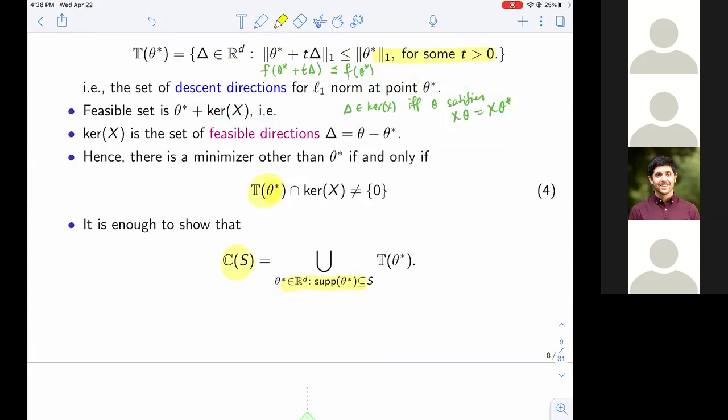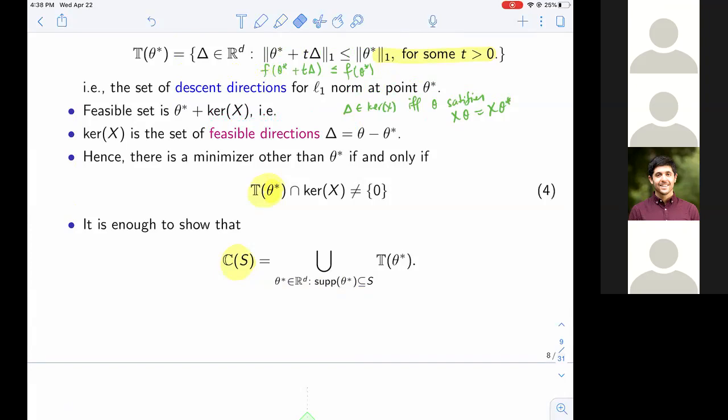Okay, so anything in C_S is a descent direction for one of these thetas of interest. And if it happens that that direction is also feasible, then I can't recover that particular theta star uniquely. So it will violate my criterion.